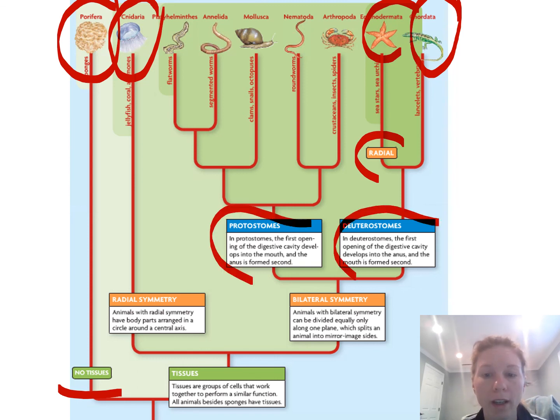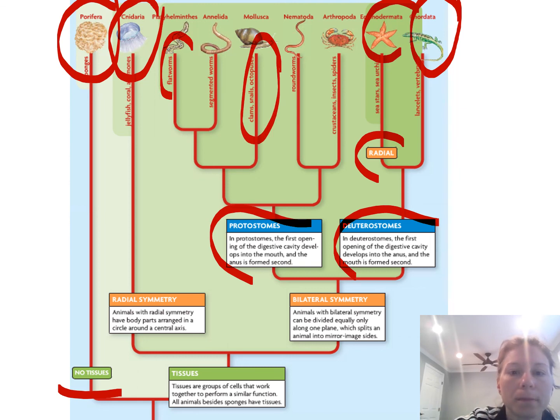So we are deuterostomes, you'll notice. So that means the anus forms first during embryologic development. So our protostomes include flatworms, earthworms, mollusks, roundworms, which are mostly parasitic, arthropods, which includes insects, spiders, and crustaceans.